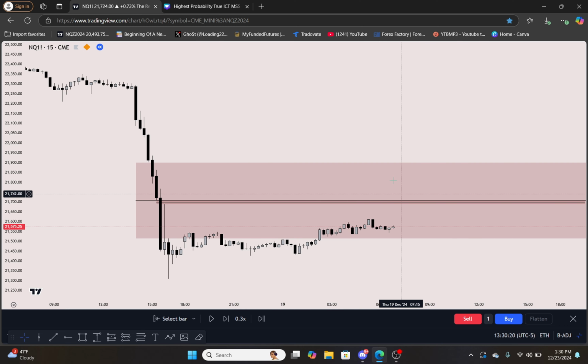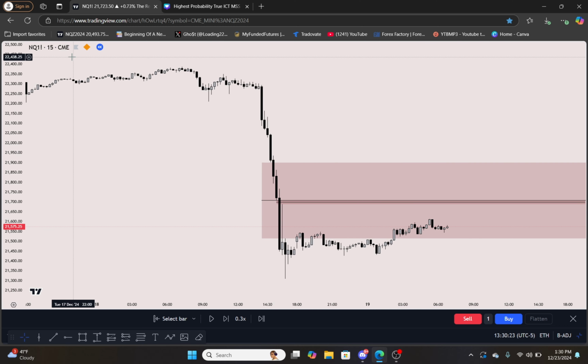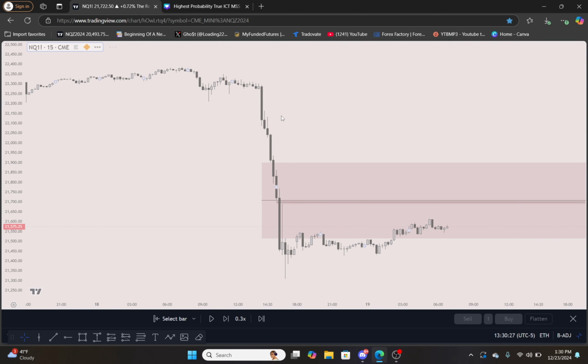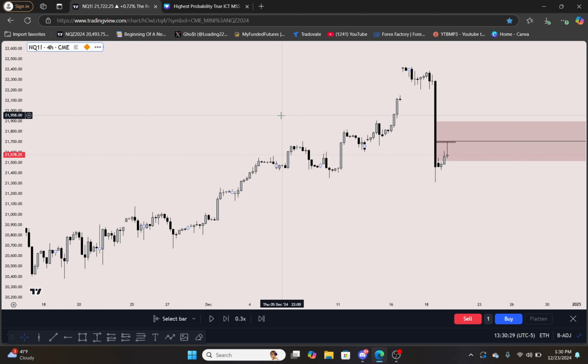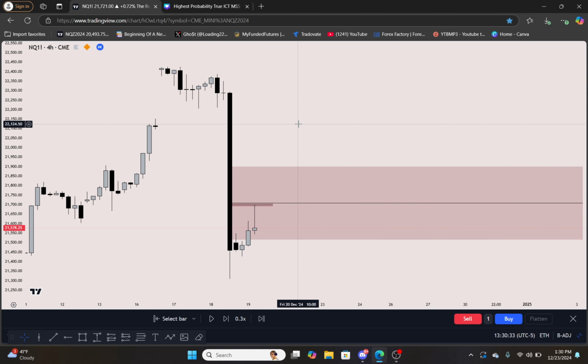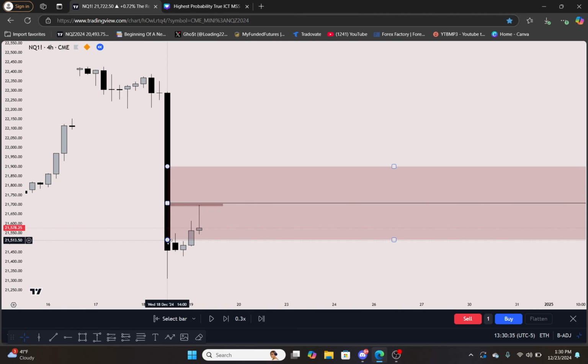Okay, so at this point in time, we have identified that our higher time frame, we go back to our 4-hour, our higher time frame to me looks extremely bearish. Notice we are already anticipating our higher time frame to be bearish, and we're looking for what price does after 6 o'clock.